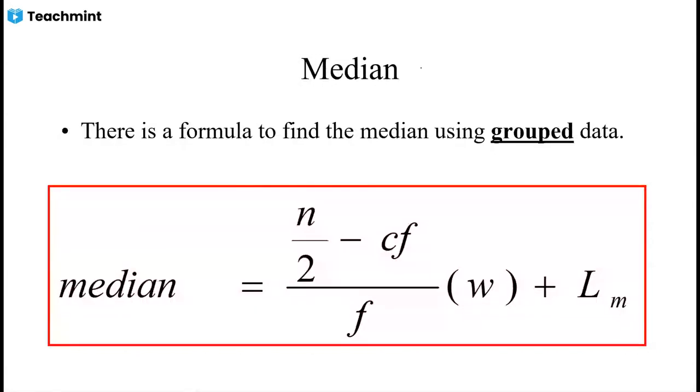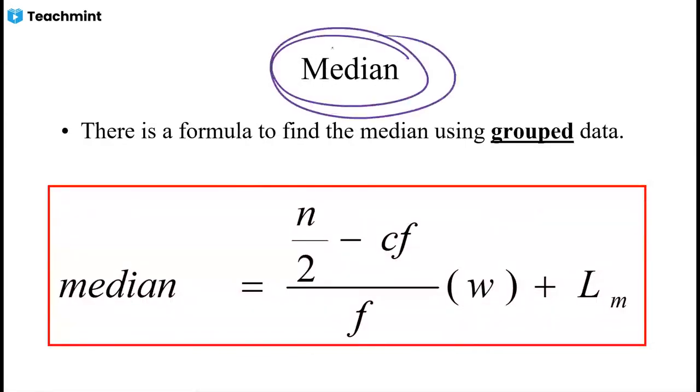Now median is a bit typical, and they're asking questions related to median as well. Now here itself you can see there is lot of stuff involved. What is LM? What is W? What is N by 2? What is CF? N, I hope you got the idea. N is nothing but sum of all the frequencies.